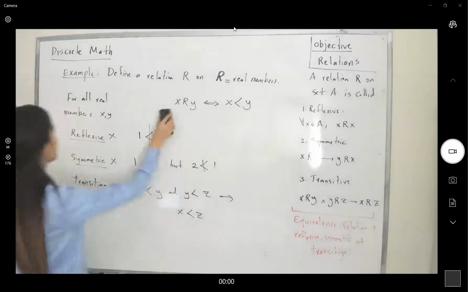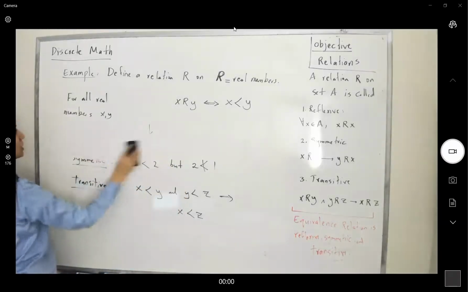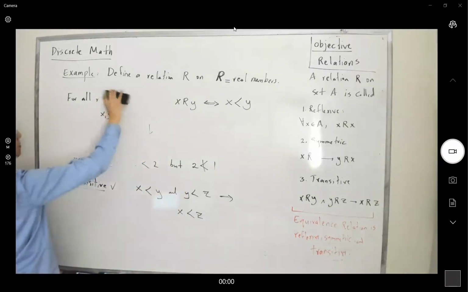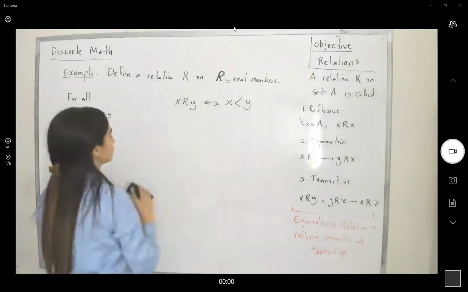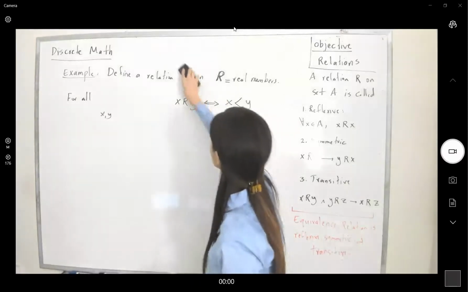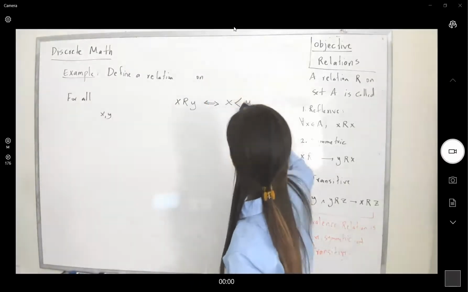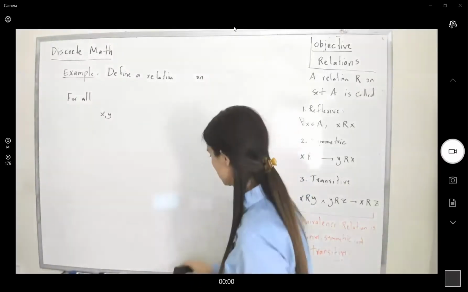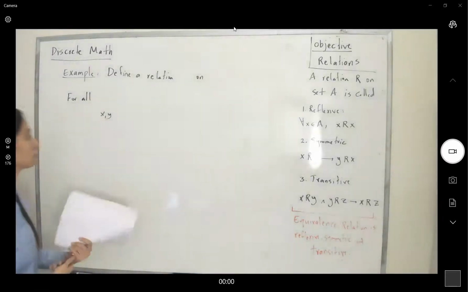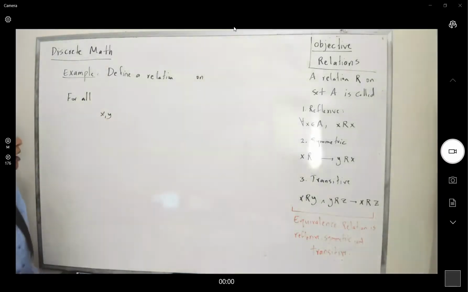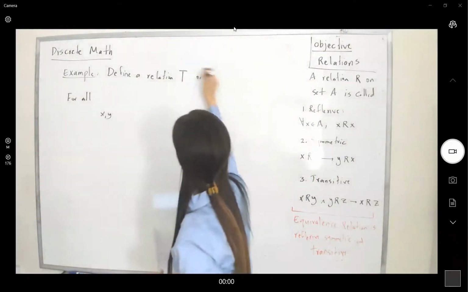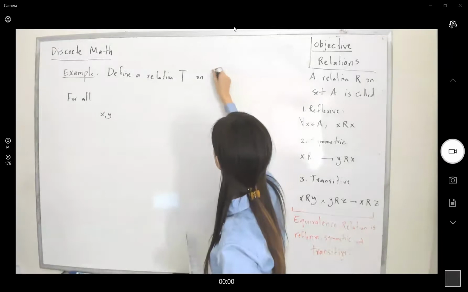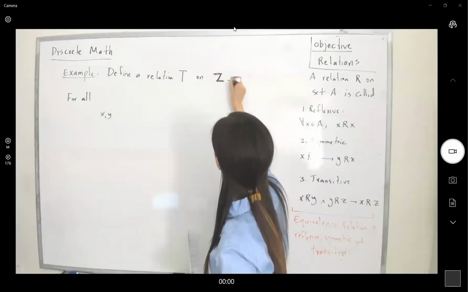Perfect. So we can define a relation this way. We're going to define relation T on Z, congruence mod 3. Define a relation T on Z. Remember that Z is the set of all integers.